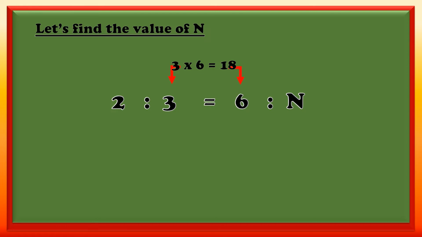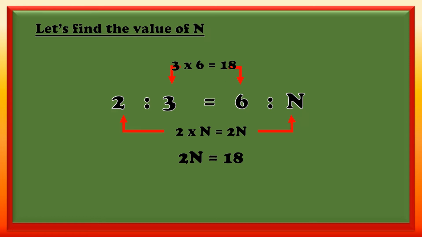The product of our extremes: 2 times n is equal to 2n. So again, we equate the means and the extremes. We have 2n is equal to 18, or 18 is equal to 2n.